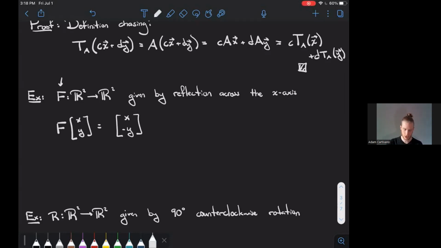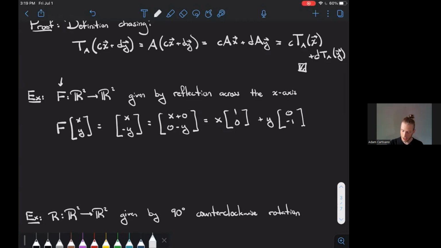Now what we can do is write this as x plus 0 and 0 minus y. So you can see this is like x times the vector (1, 0) plus y times the vector (0, -1).